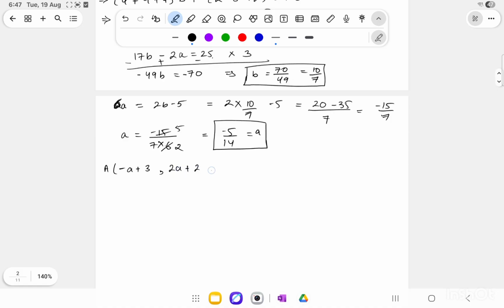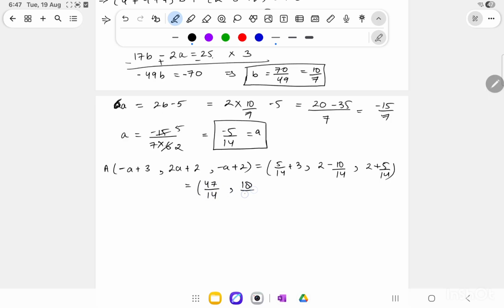If I substitute the value of small a, I will get 5 by 14 plus 3 comma 2 minus 10 by 14 comma 2 plus 5 by 14, which is equal to 47 by 14 comma 18 by 14 comma 33 by 14.